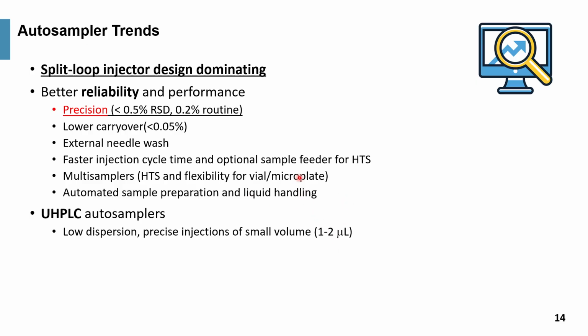But I would say that even though it's possible to do that, very few people would use this type of sample preparation for pre-column derivatization and so on. Very, very few applications that I know of. And the big deal is also the UHPLC autosampler, which has both low dispersion and precise injection in very small volumes, down to 1 to 2, and even down to 0.5 microliter, with a specification of less than 0.5% RSD.